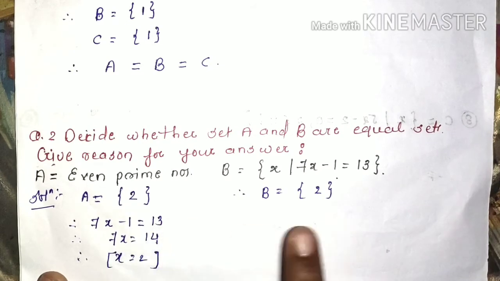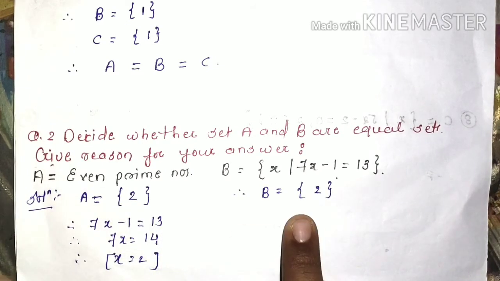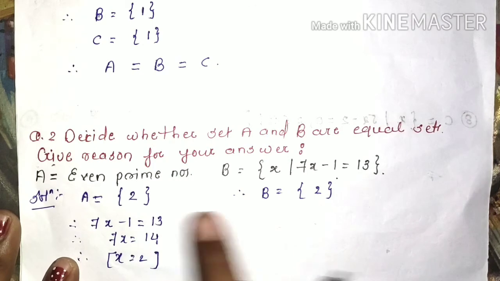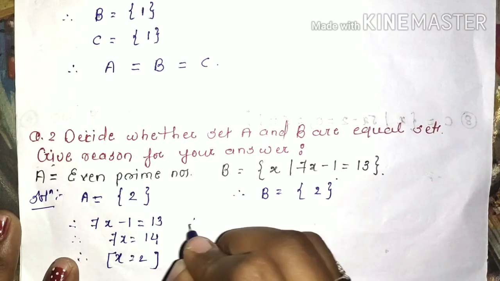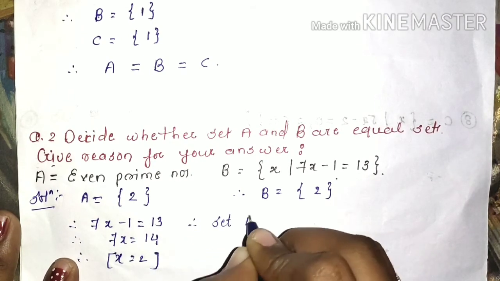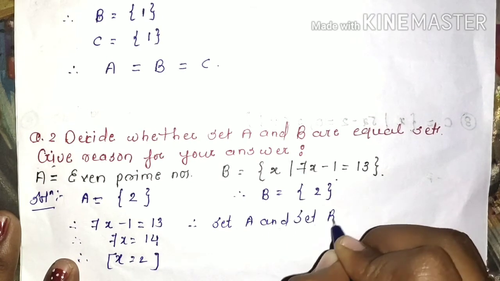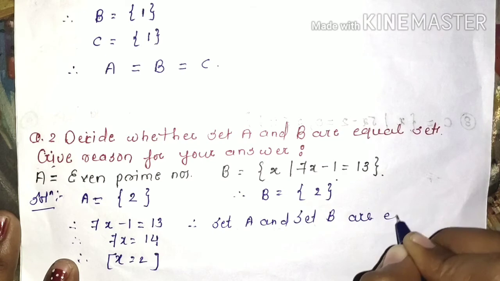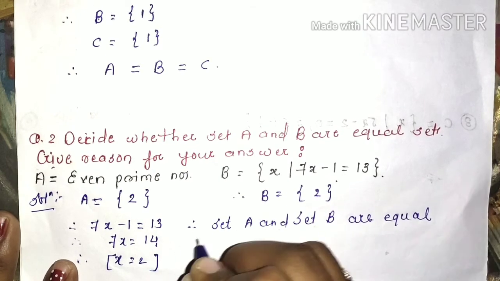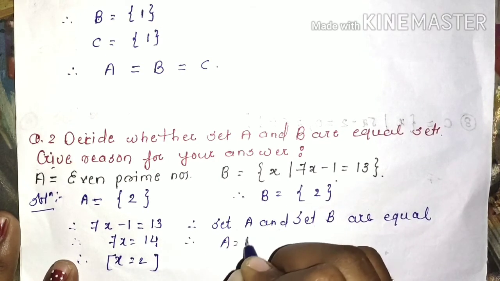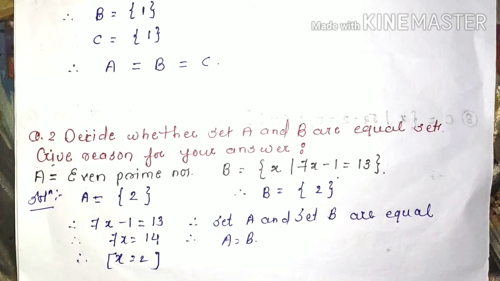So after getting the elements of sets A and B, what I observe कि both the sets are equal. So hence set A and set B are equal, that is A equals B. Why? Both the sets have the same element.